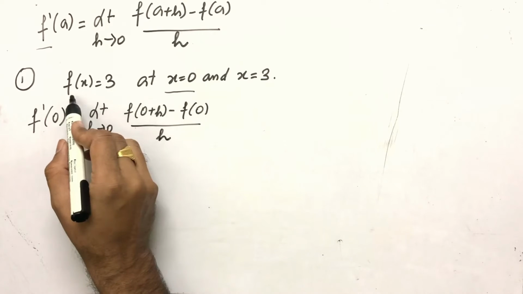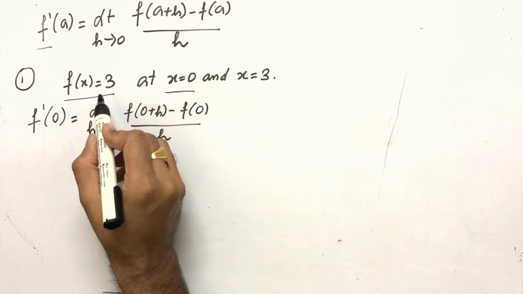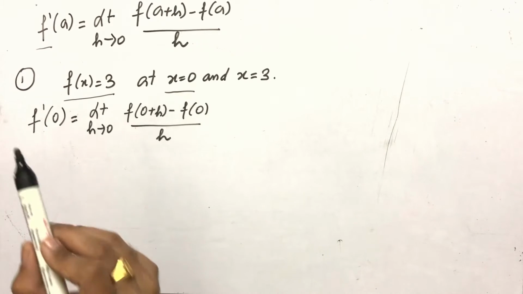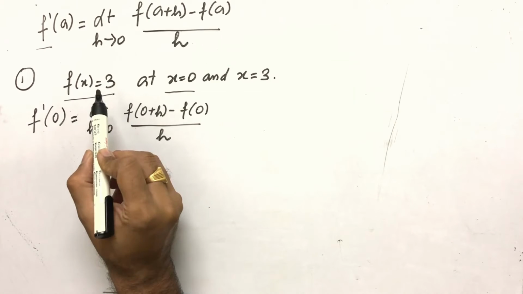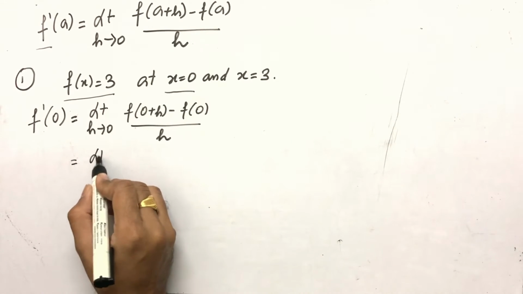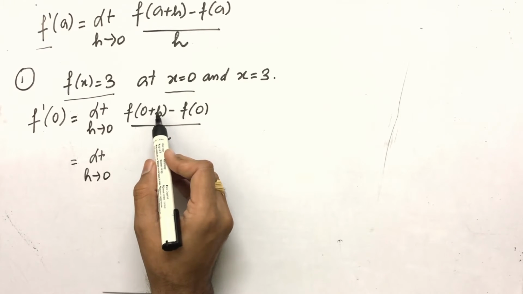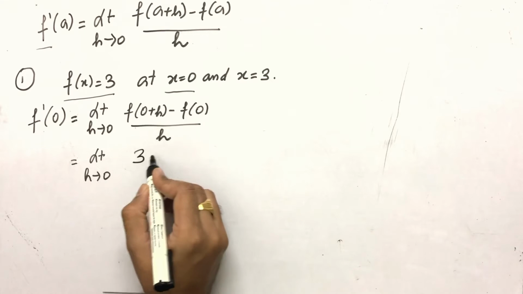Now as given, f(x) = 3. So what type of function is it? A constant function. So what are constant functions? For any value of x, its value remains 3. So here, limit h tends to 0, f(0 + h), whatever we have here, the function value is 3.